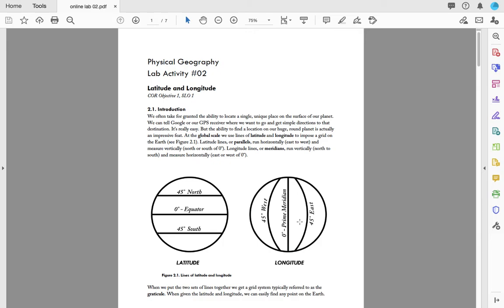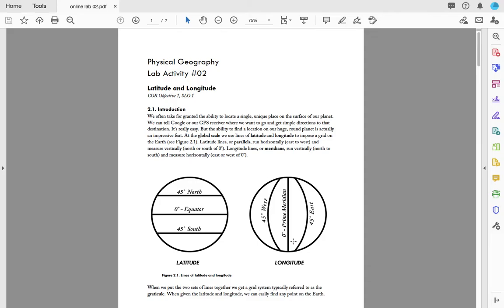Okay, and then for this to work, you need to have a latitude value and a longitude value. Because if I say I'm at 45 degrees north and that's it, well, that's not that helpful. I know I'm at this latitude, but I don't know exactly where I am along that line. I could be anywhere around this whole line of latitude around the entire globe.